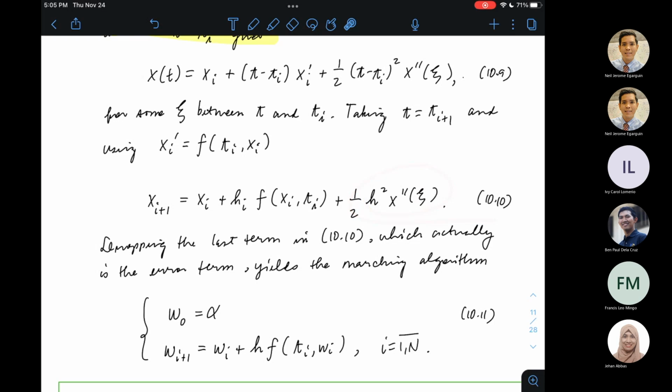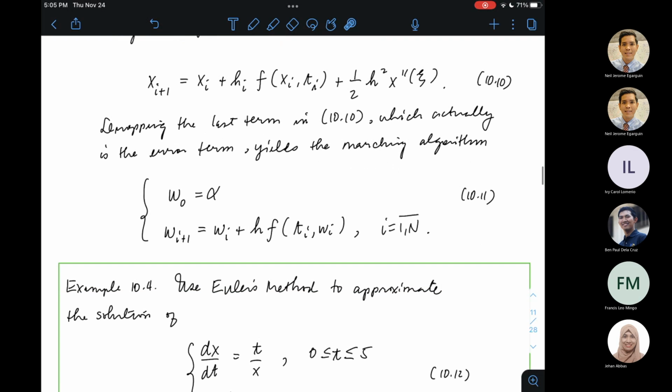But we don't care about this because this is just the error term, and in reality, we don't have access to the exact error. Kasi kung alam mo yung eksaktong error, edi alam mo na kung ano yung eksaktong value, kasi i-add mo lang siya dun sa estimate. So it's impossible to get our hand practically and theoretically on x double prime of c. So we'll just keep it there, okay?